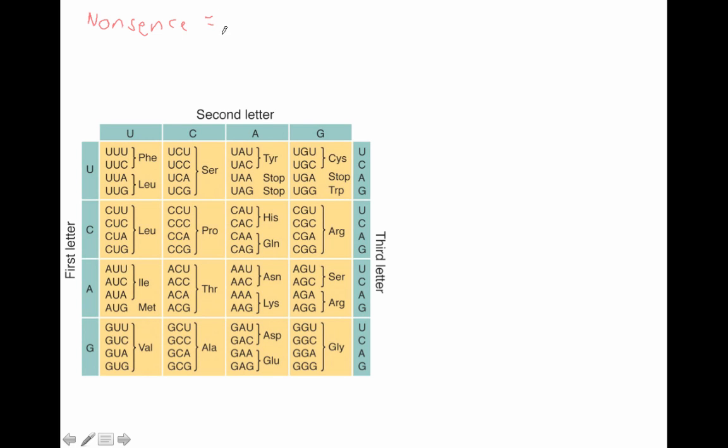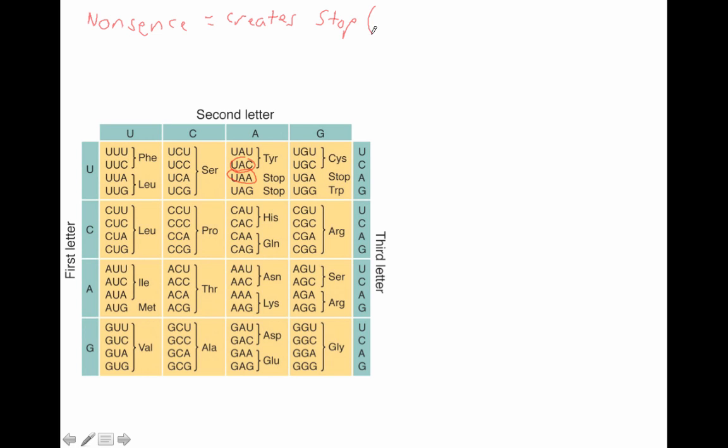substitution here. So for instance, if you had a UAC and you change the C to an A, you would now have a stop codon. So it creates a stop codon. Let's write that here. Creates stop.